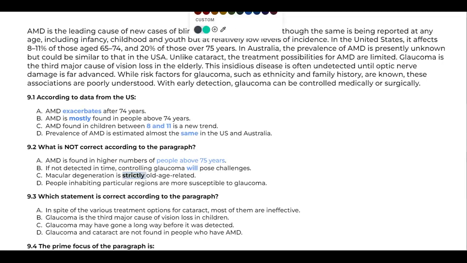These are the terms that will confuse you. Be careful with these terms.